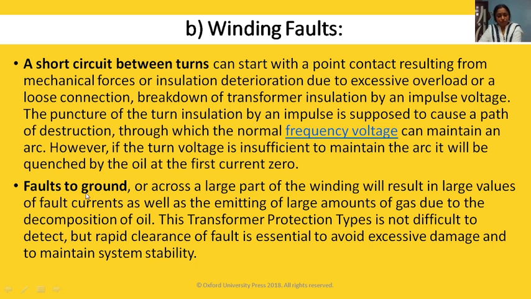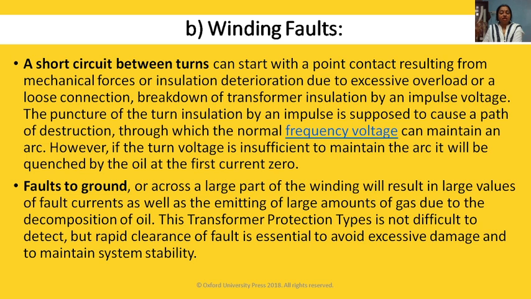Okay, faults to ground or across a large part of winding will result in large values of fault current as well as emitting of large amount of gas due to decomposition of oil. Due to this fault, what will happen?